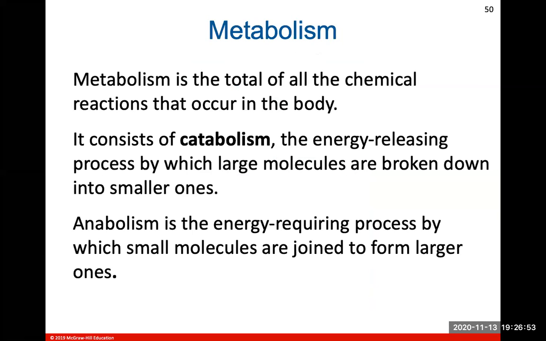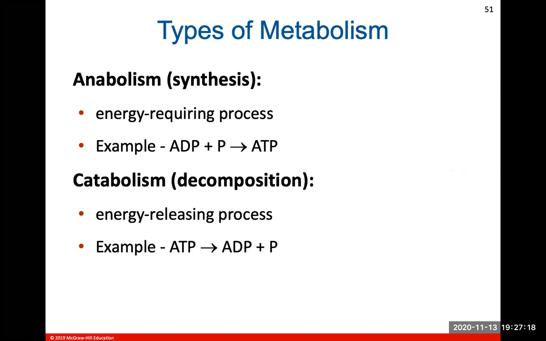Metabolism then is the total of all the chemical reactions that occur in the body, and it consists of catabolism, which is the energy releasing process by which large molecules are broken down into smaller ones. And this will be the process by which we break down glucose into ATP. Anabolism is the energy requiring process by which small molecules will be joined to form larger ones.